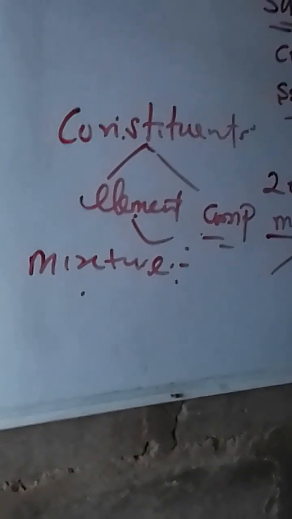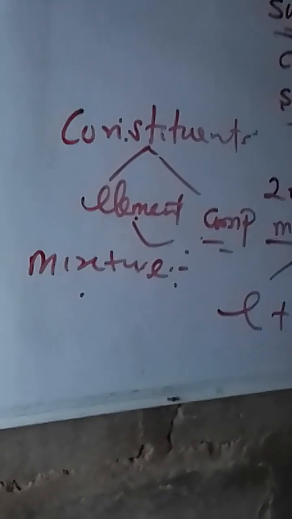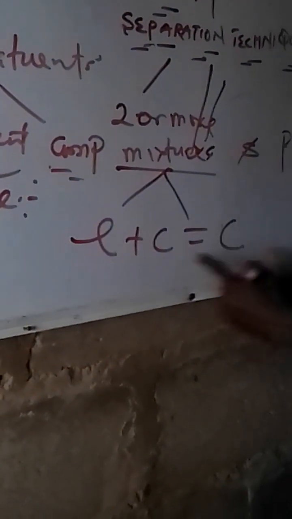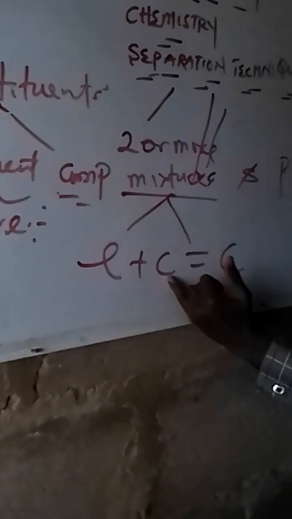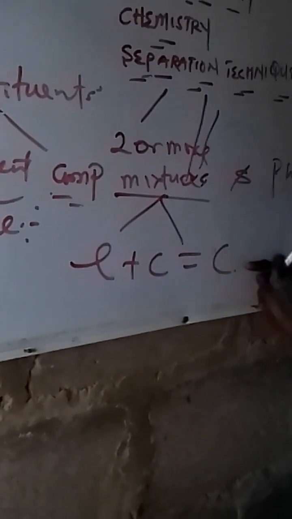Are we making sense? That means E plus C, element plus compound, gives C, which is the constituent. Just for you to understand it. You don't need to cram, just understand. Element plus compound gives constituent. Constituent now is what is giving mixture.